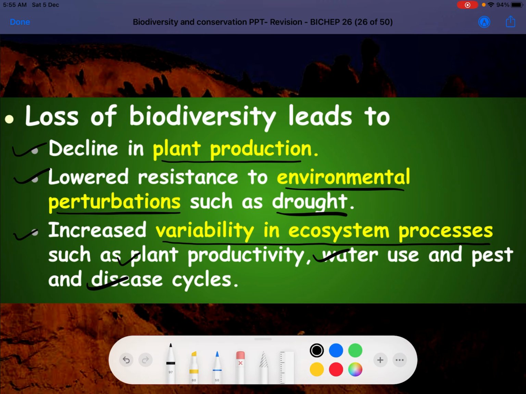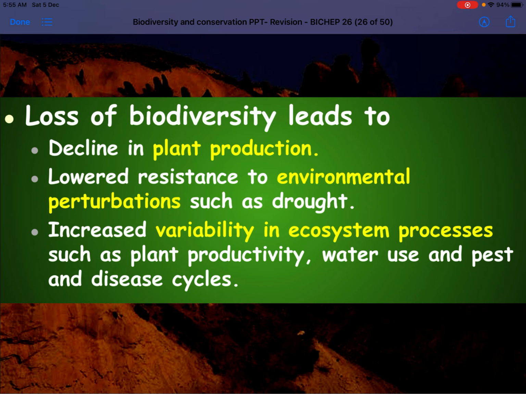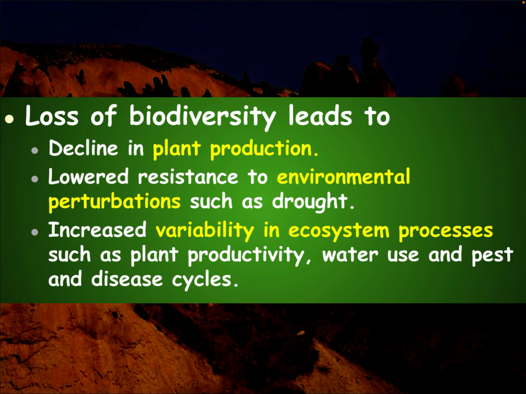Right? So these are the possibilities: loss of biodiversity leads to very severe consequences within the entire ecosystem, and hence definitely on life on earth, and specifically on humans as well.